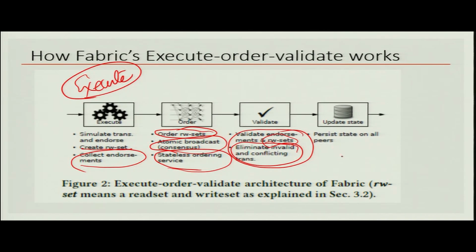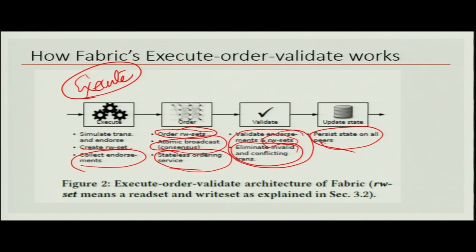After that they send it to every peer, and then every peer will persist the data by adding to the blockchain the block that was given by the ordering service, with a bit vector that has ones and zeros. If it is 1 0 0, that means the first transaction is valid, the second and third transactions are not valid, etc.